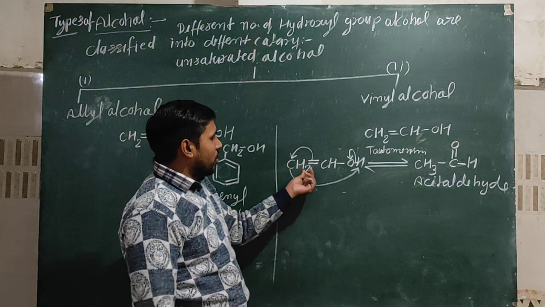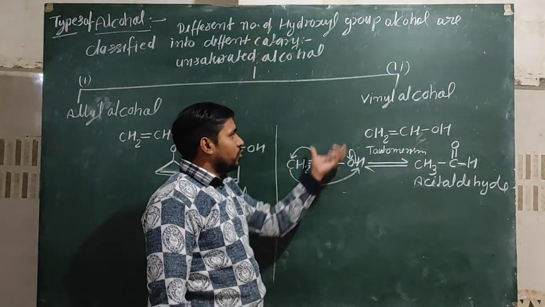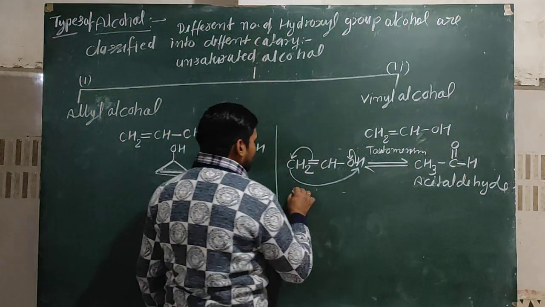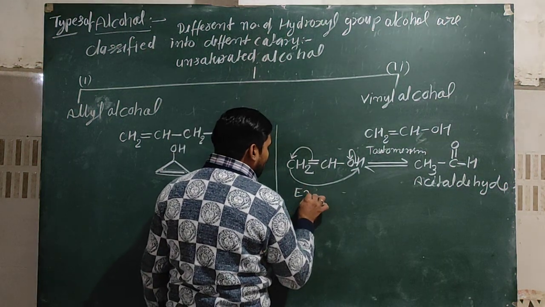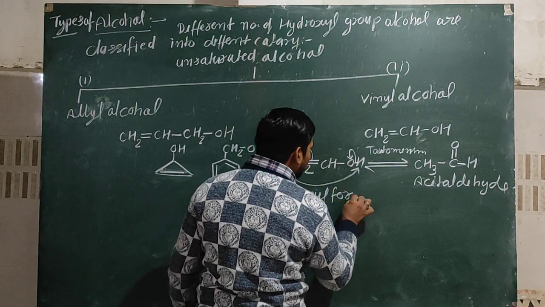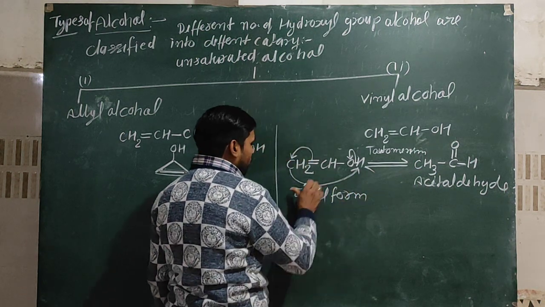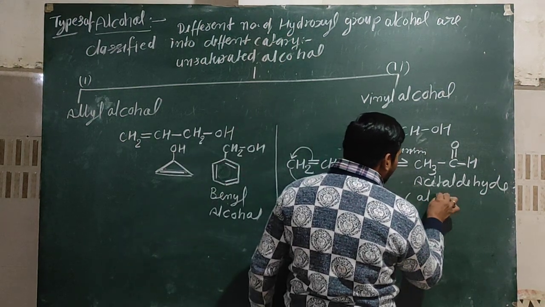In this structure, one ene and one ol are both present in vinyl alcohol, then it is known as the enol form, and it is the aldo form.